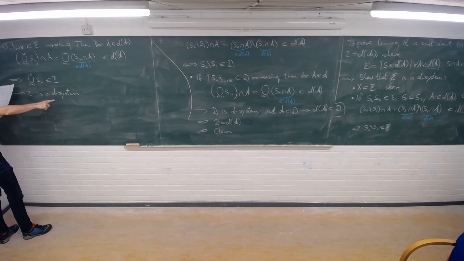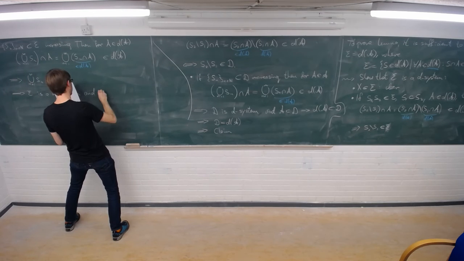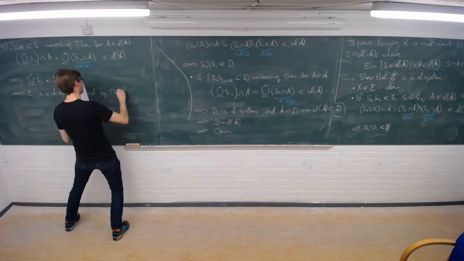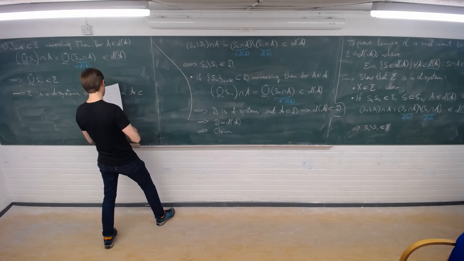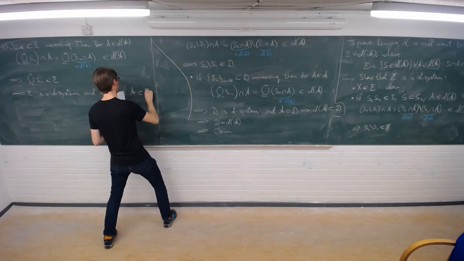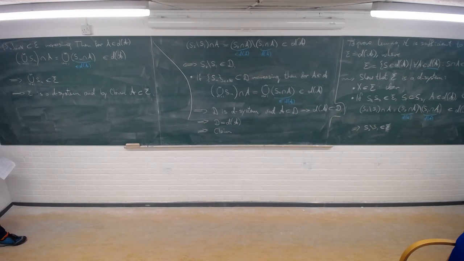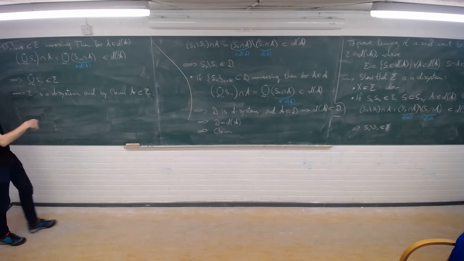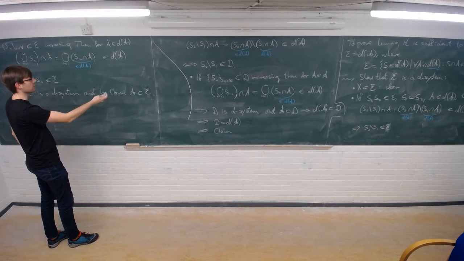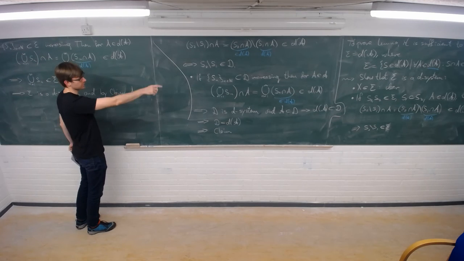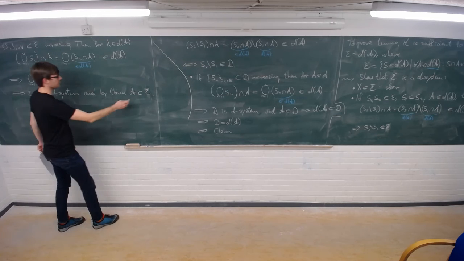So E is a D system, and by the claim we know that A is a subset of E. Now the claim is gone, but if you look at the claim, then you realize that the claim says exactly that A is a subset of the set E. If you look at the definition of E and at the claim, then the claim says exactly this.